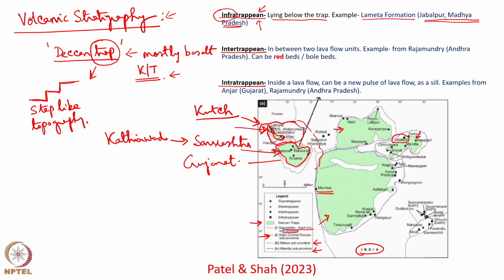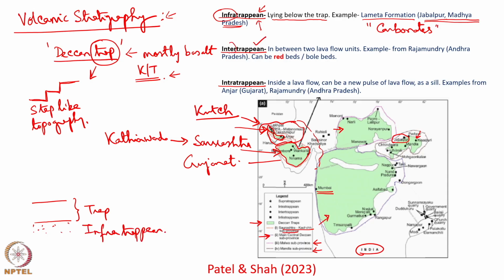Here one can find the infratrappean, the Lametta formation, where carbonate is a dominant lithology. So, if I draw very ideally a trap material, then what lies below is the infratrappean.